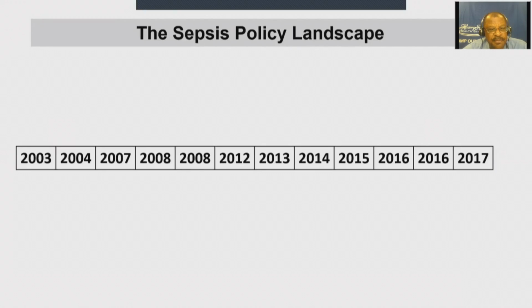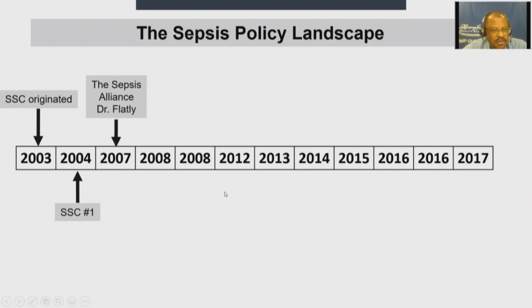So when you look at the landscape of sepsis, there was what we call a transition in terms of clinical care, but also a policy transition. And if you look at the year 2003, the Surviving Sepsis Campaign came up with the first guidelines.